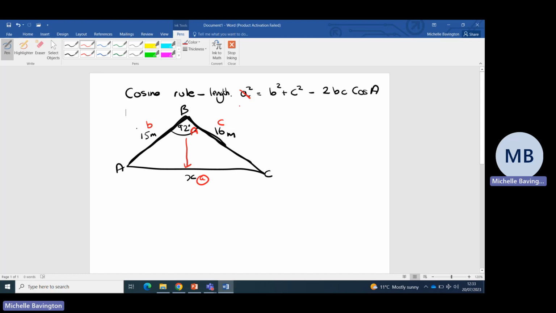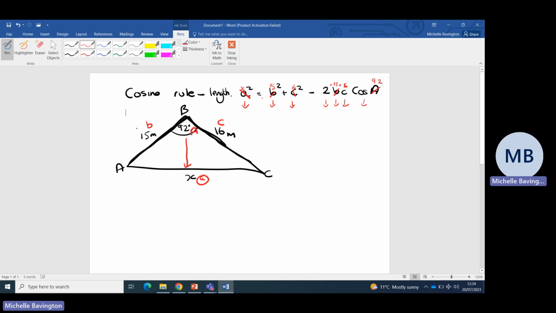So little a is x, little b is 15, little c is 16, 2 times b which is 15 times c which is 16, and big A is 92. So I'm going to bring all this down now and see what I get.